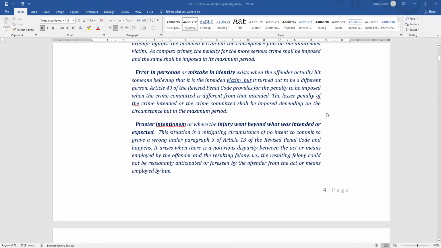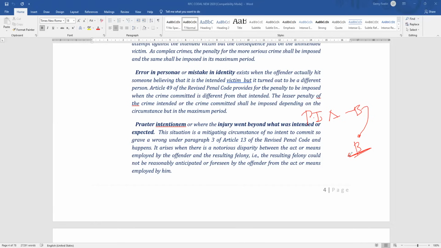Praeter intentionem is the last, where the injury went beyond what was intended. A slapped B. His intention is only to slap B. Unfortunately, B fell down and died.